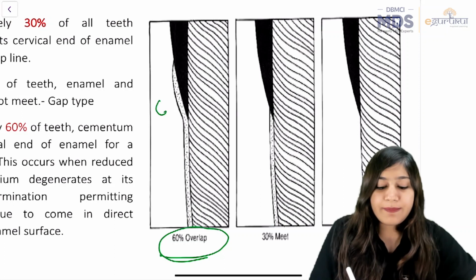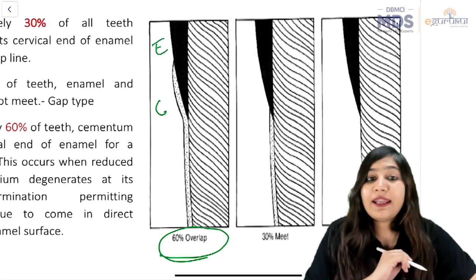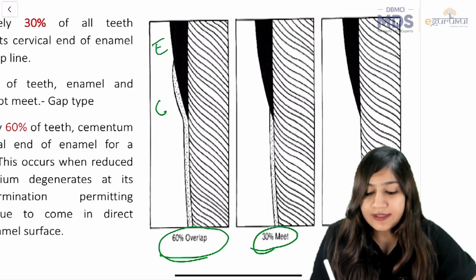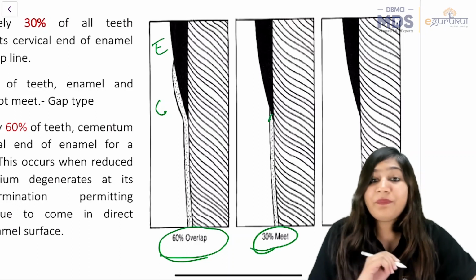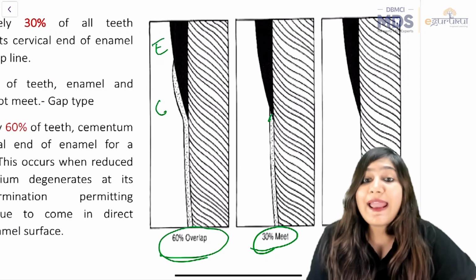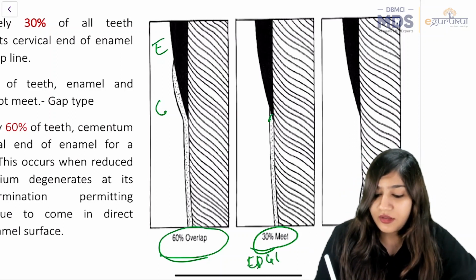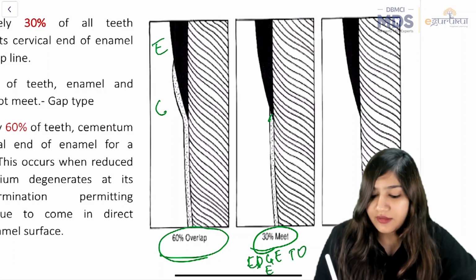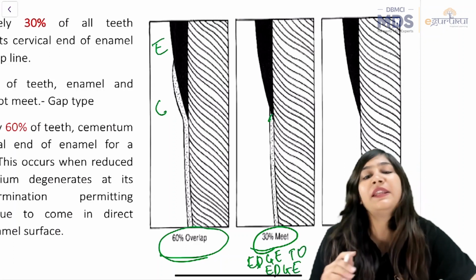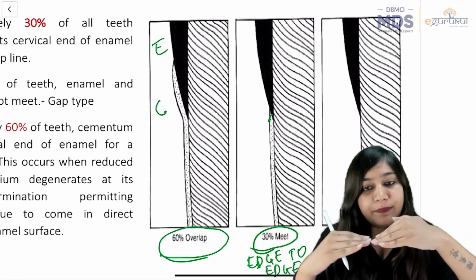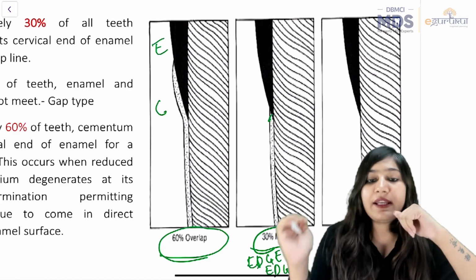Here you can see cementum overlapping enamel, right? In 30%, it meets at a sharp edge, edge-to-edge junction. Edge to edge junction means where the enamel ends, the cementum starts at that point. It doesn't overlap the enamel.